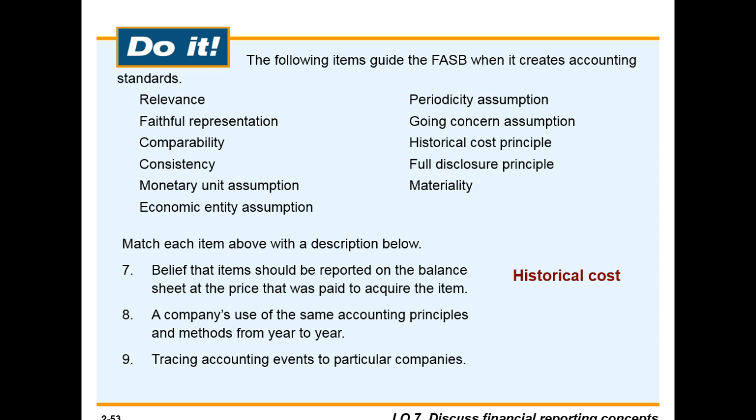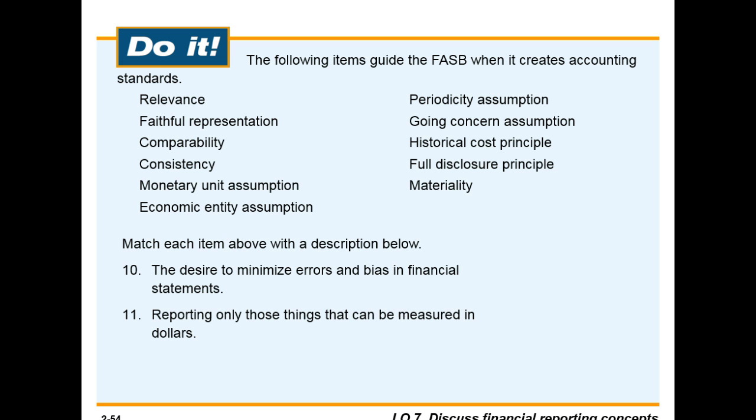Historical. A company's use of the same accounting principles and methods from year to year. Consistency. Tracing accounting events to particular companies, economic entity. The desire to minimize errors and bias in financial statements, faithful representation. Reporting only those things that can be measured in dollars, monetary unit.